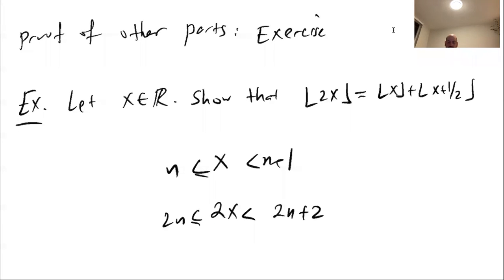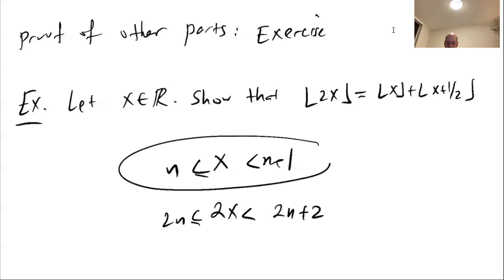So what would be the floor of 2x? We know 2x is between 2n and 2n+2. Well, I cannot find the floor of it, because to find the floor, I have to look at the definition of floor. What is the form of the inequality that I need? I need to have x put between two consecutive integers.